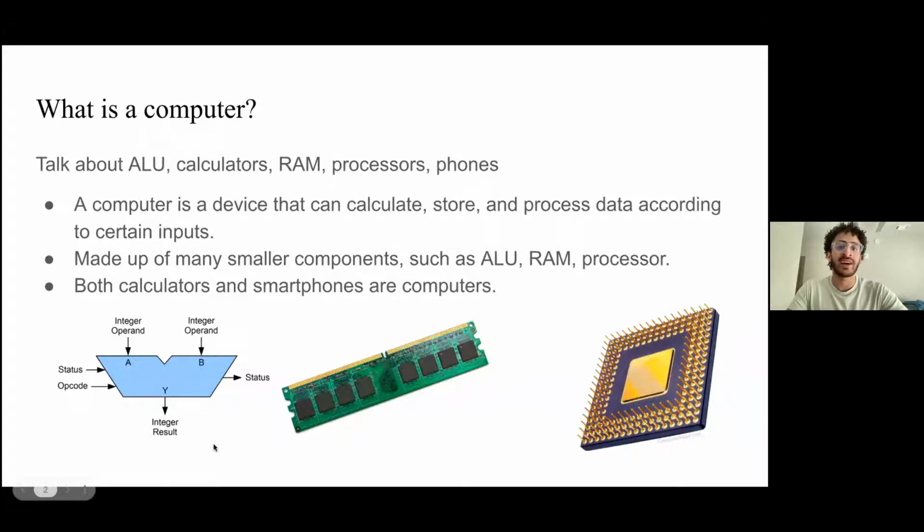So if you were to think of a computer as a person, the RAM would be memory, which is where you store things. The processor would be the brain, which is what understands and is able to connect whatever input is in. And then this is kind of like your senses.